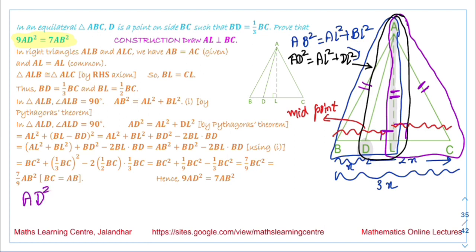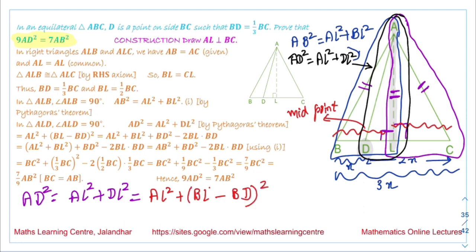We have AD square equal to AL square plus DL square. In place of DL, we can write AL square plus (BL minus BD) whole square.